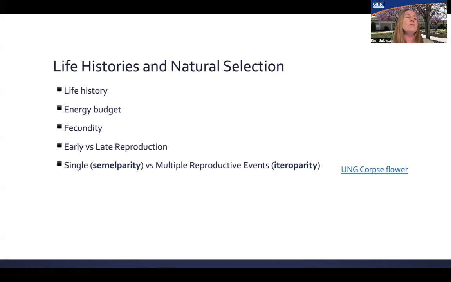What if you waited too late? Now there's technology, you can freeze your eggs and all that good stuff. But back in the day, just think about pros and cons. A pro, you might be more established and have more resources for that offspring.